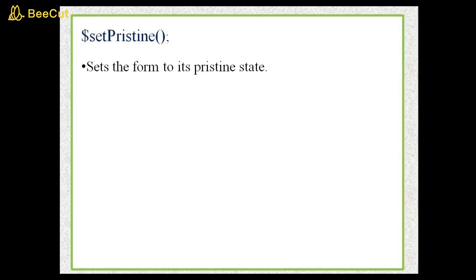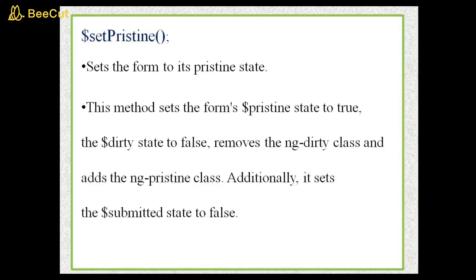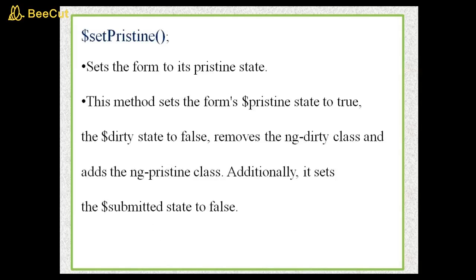Set the form to its pristine state. This method sets the form's pristine state to true, the dirty state to false, removes the ng-dirty class and adds the ng-pristine class. Additionally, it sets the submitted state to false.